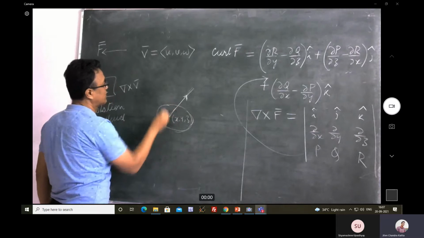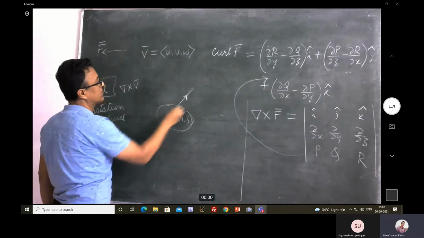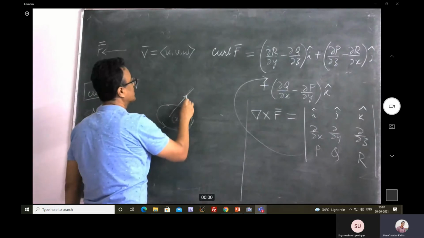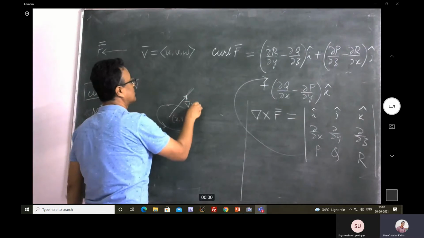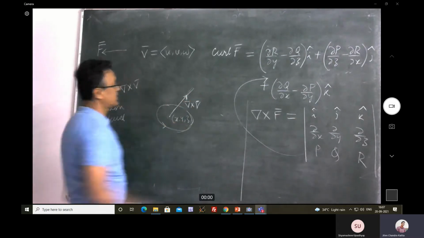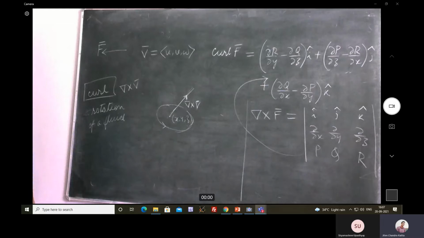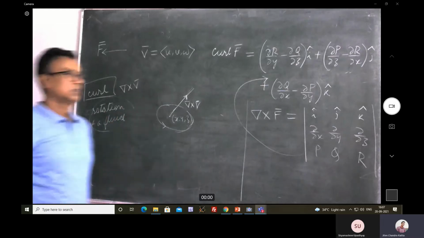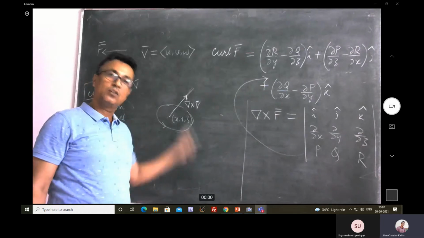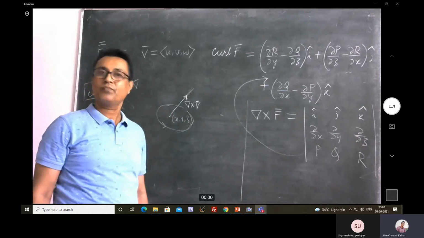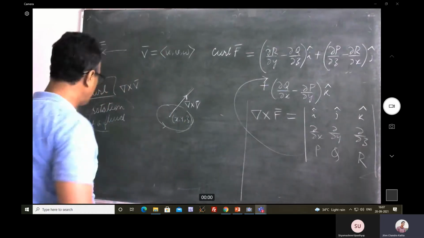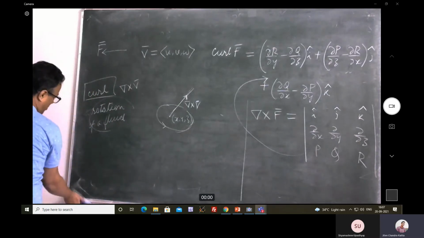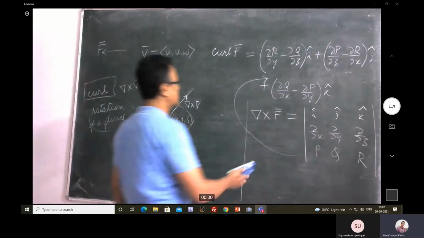It is going to be something like this. This is the curl of v. This is where the concept of curl designating the rotation of a fluid comes from. I'll have one example, and from there you are going to get some insight.